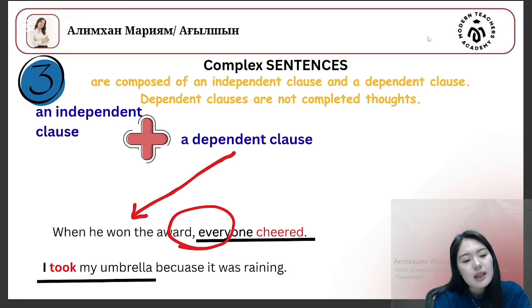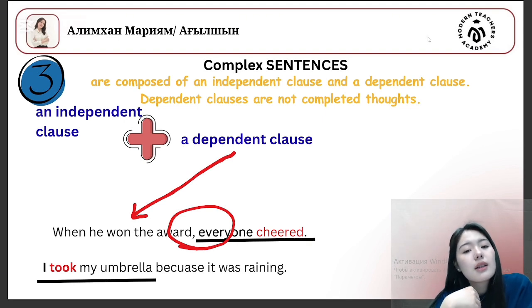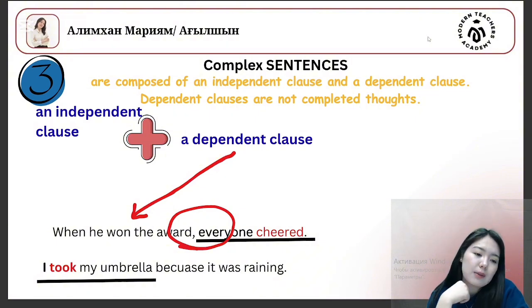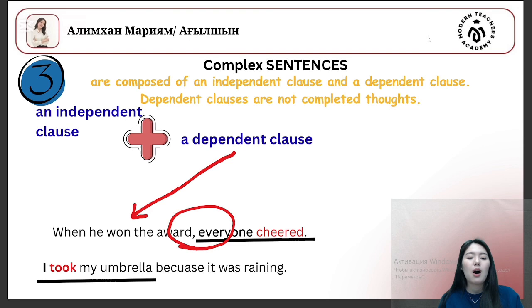Let's look at the second example. I took my umbrella because it was raining. Here we also have two clauses. I took my umbrella. It's an independent clause because I is the subject, took my umbrella. Let's omit the second clause, because it was raining. And we have I took my umbrella. It's a completed thought.